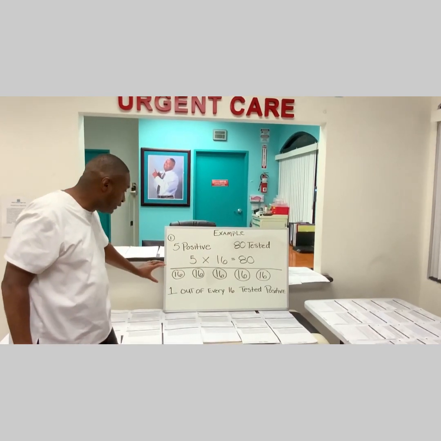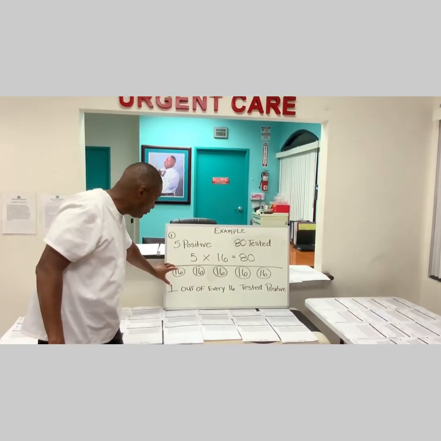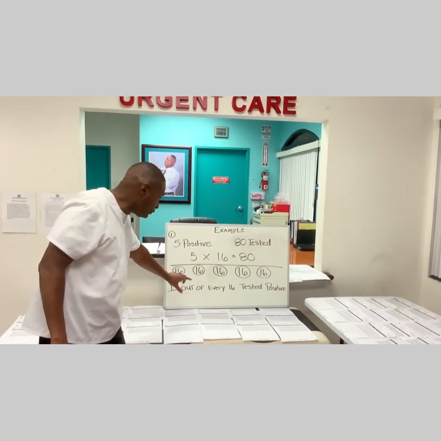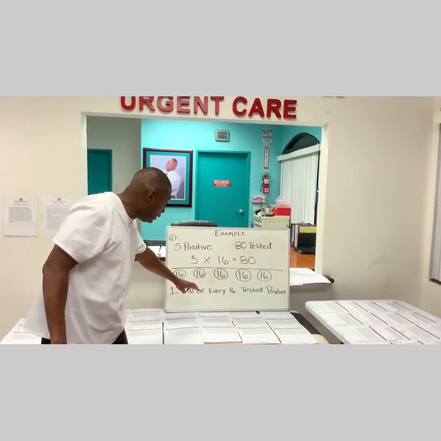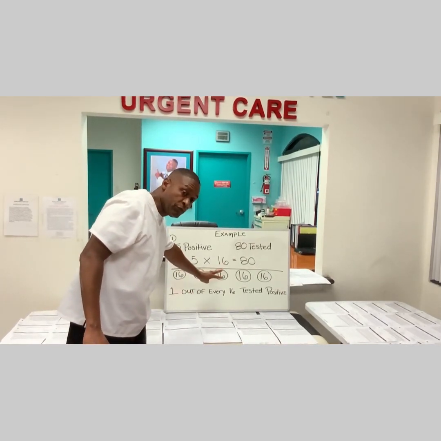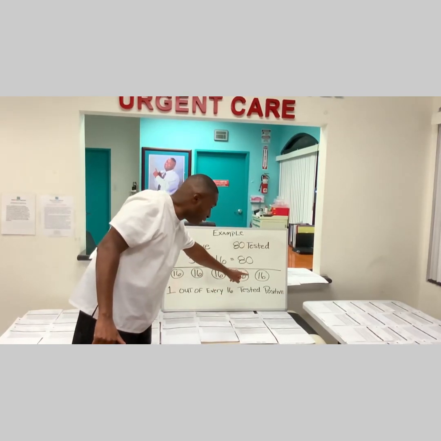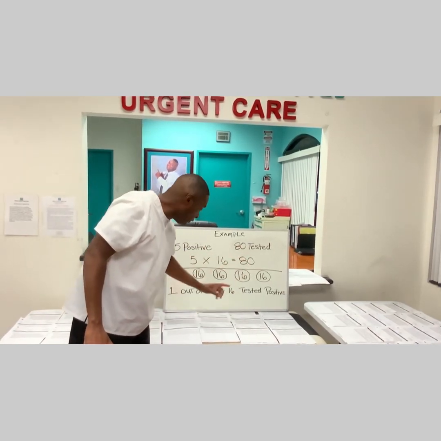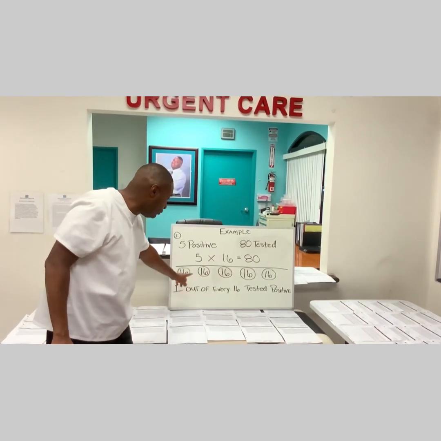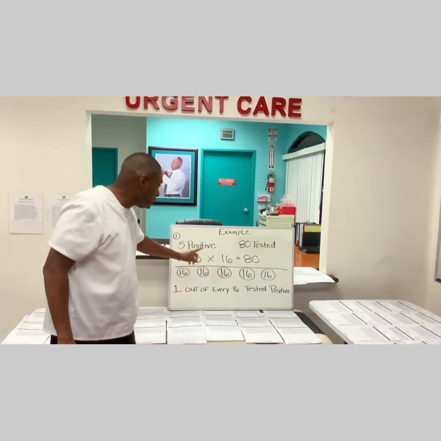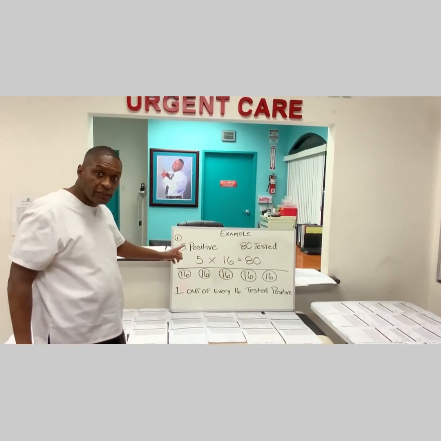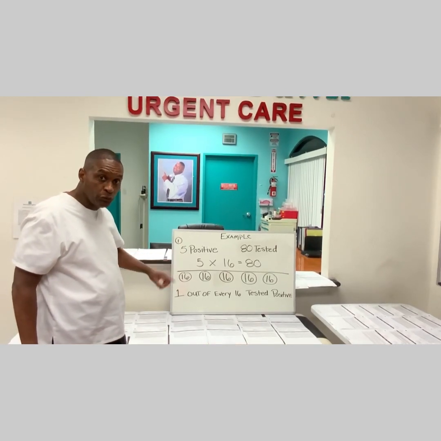5 times 16 equals 80. Therefore, if I take a group of 16, one group, another group of 16, 2 groups, another group of 16, 3 groups, another group of 16, 4 groups, another group of 16, 5 groups, 1 out of every 16 people tested positive on 7/8/2020.